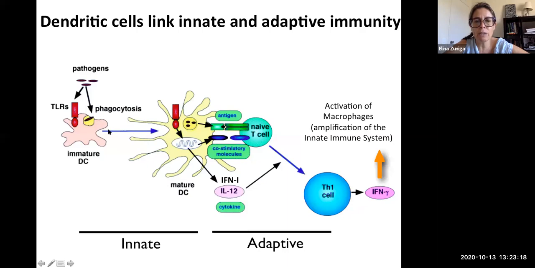And now this mature dendritic cell not only is presenting antigen in MHC1 and MHC2 molecules to the naive T cell, but it also upregulates expression of co-stimulatory molecules that are important to initiate the activation of this naive T cell. So it can differentiate and proliferate into an effector cell.